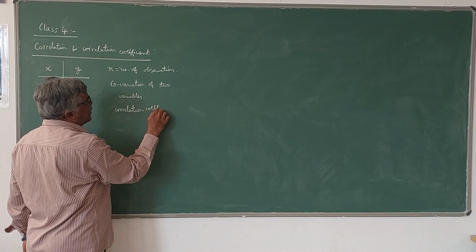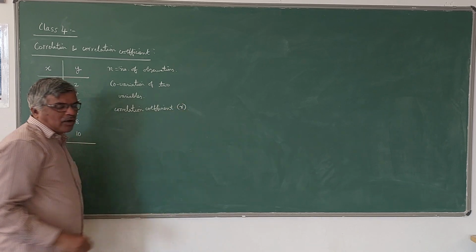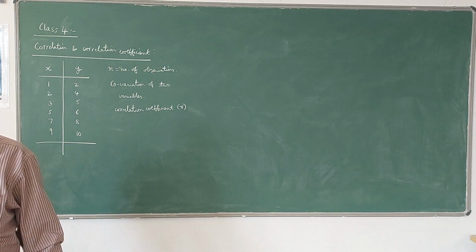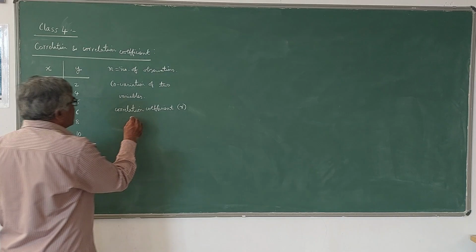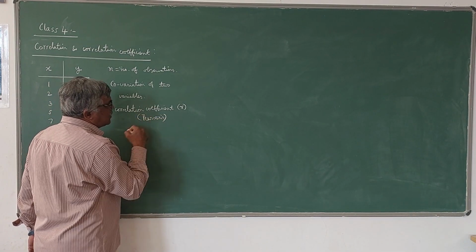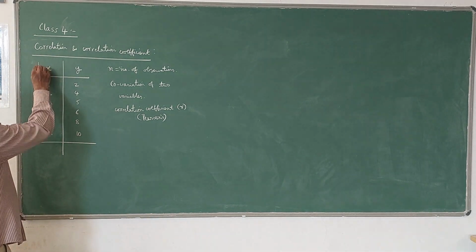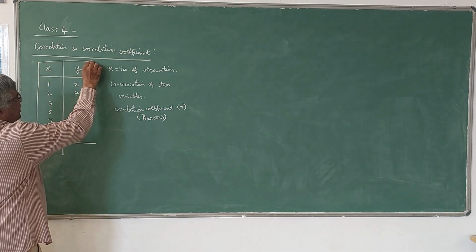Correlation coefficient is denoted by small r. This correlation coefficient is also called Pearson's correlation coefficient. So in a given problem, this set of values of x and y will be given.